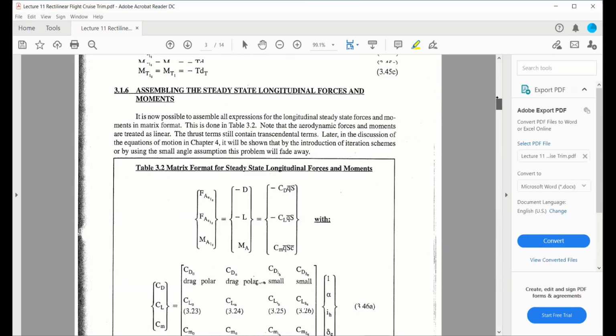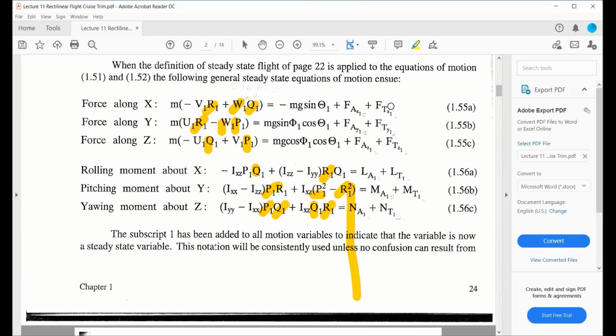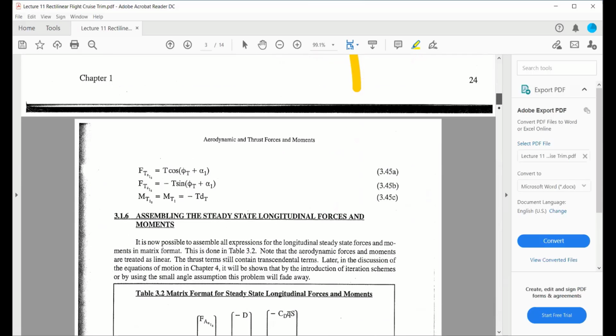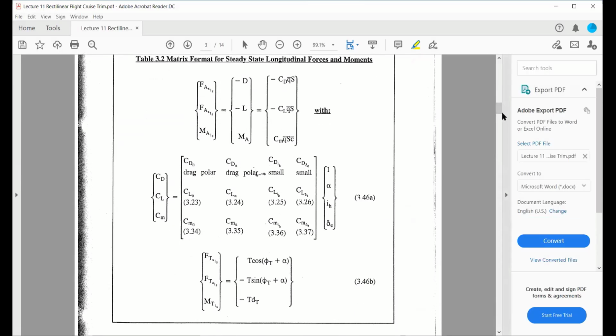And then, sorry for the up and down, on the right side over here, we're going to plug in our force and moment and linear models. And I've copied a page out of the book here. These are FAX, FAZ, and M. And then we have the lateral directional ones as well. So we're going to stick those in the right side of the equation.